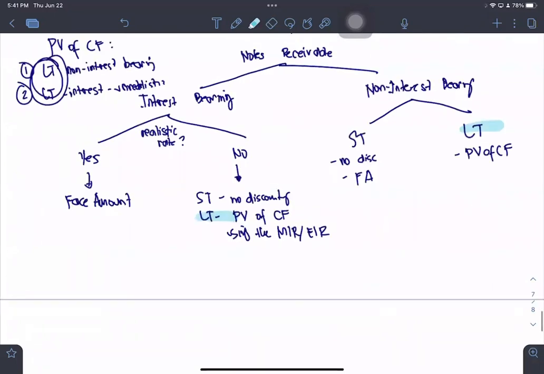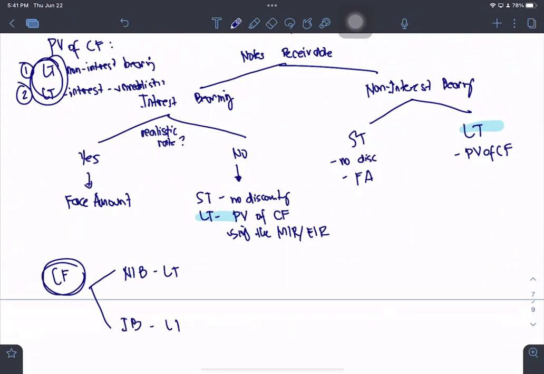So we keep on talking about cash flow. What is this cash flow? For cash flow, you need to determine the type of note. 'Di ba? Dalawang pagkomputan natin. Non-interest bearing and interest bearing. Non-interest bearing, that is long-term, and then interest bearing, that is long-term, but it is unrealistic. If it is non-interest bearing, the cash flow is only your principal.